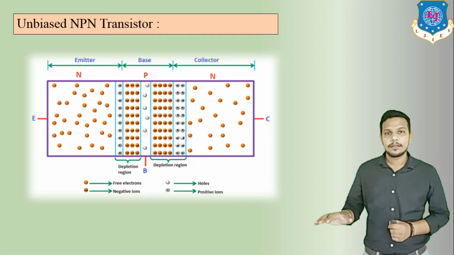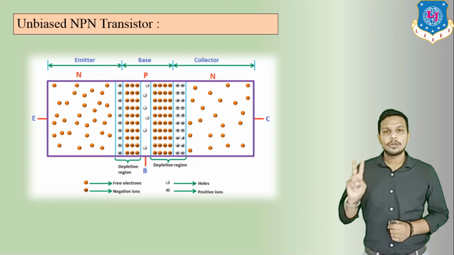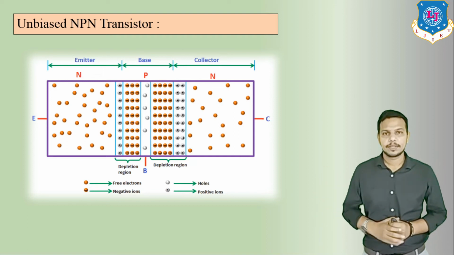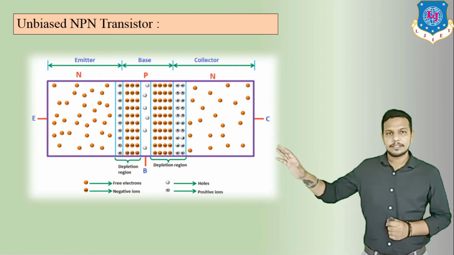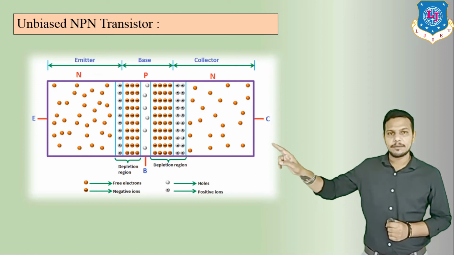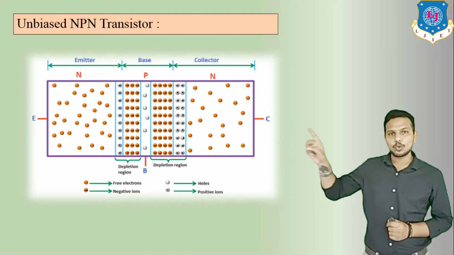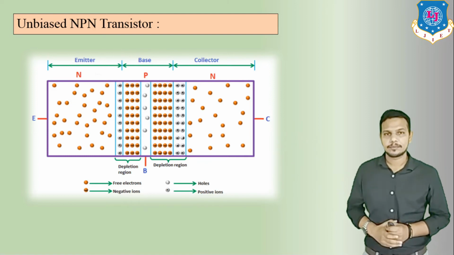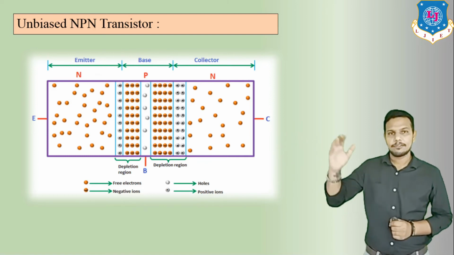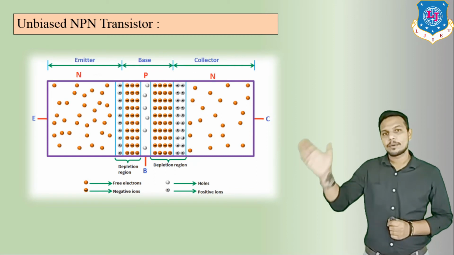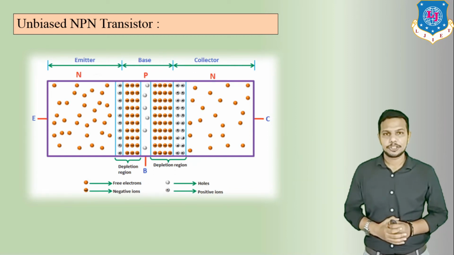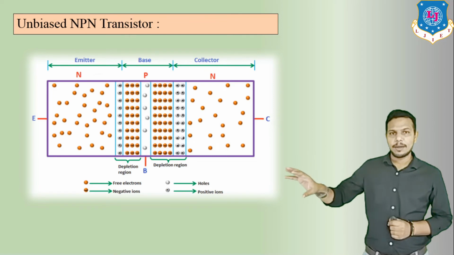But here there are two junctions. Here we can see the depletion region of the emitter to base junction, and on this side the collector to base junction depletion region.